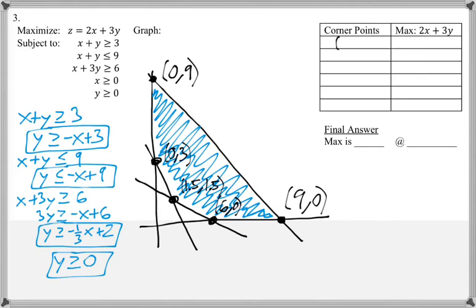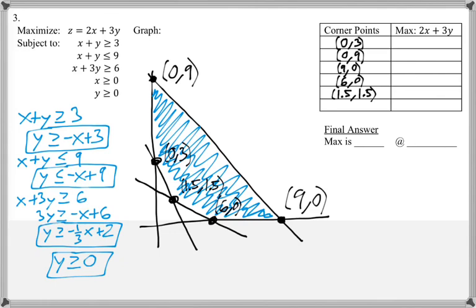So these 5 corner points are going to be our 5 candidates for the maximum value.